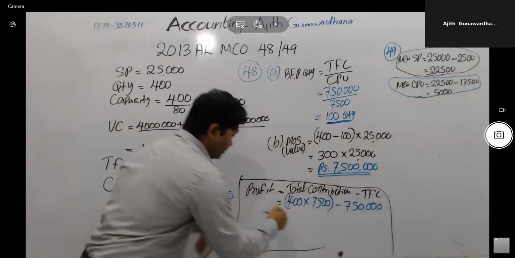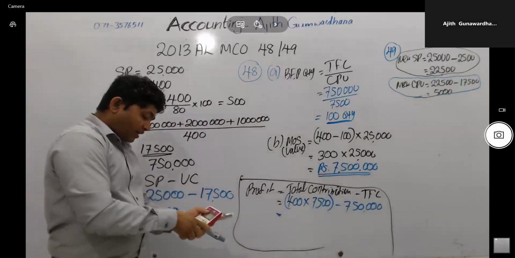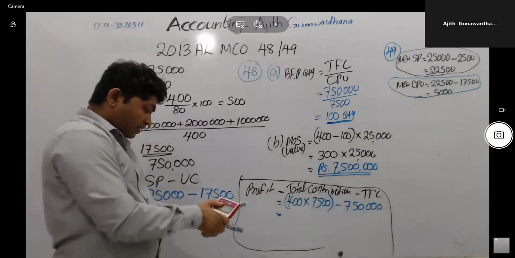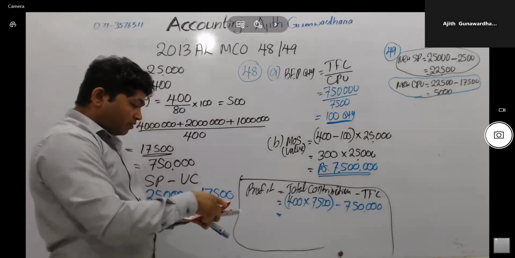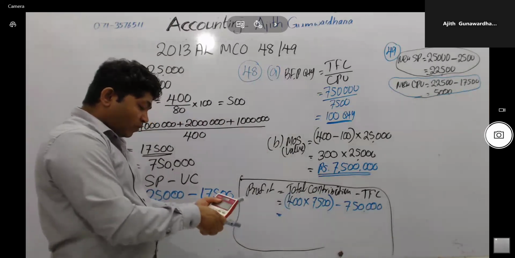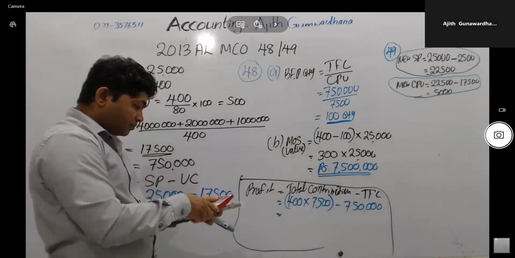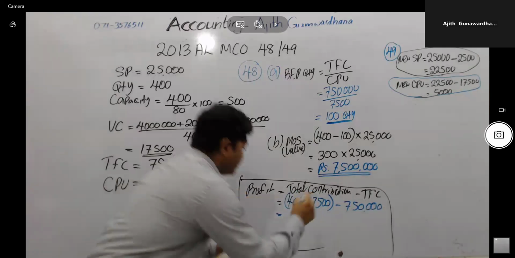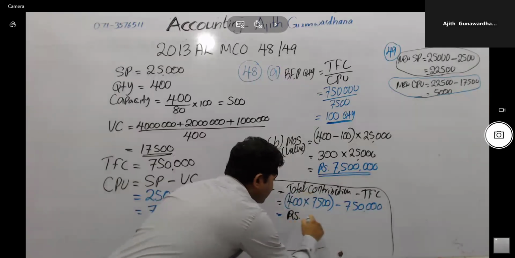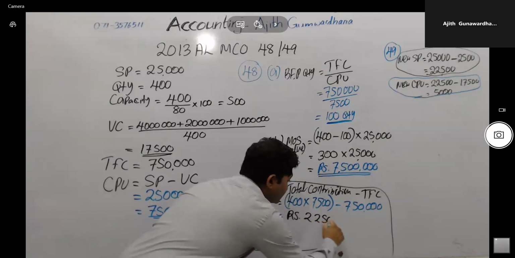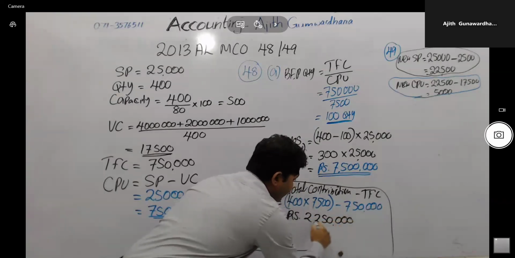Therefore, profit equals 400 into 7,500. Total contribution equals 3 million. From that, deduct 750,000. Therefore, profit equals 2,250,000 before reducing the selling price.